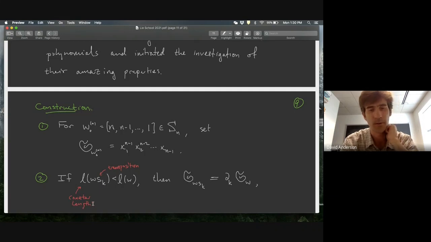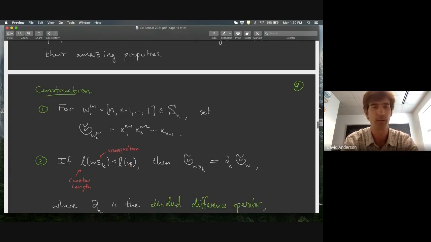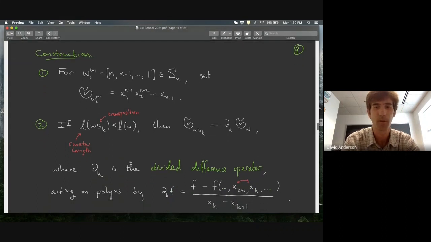So this is a Coxeter group thing. Then you declare that the Schubert polynomial for that permutation, the smaller one, is equal to this operator del k on the bigger one. And this is the biggest one that there is, so that will inductively define all of them. So I'll show you how that works.